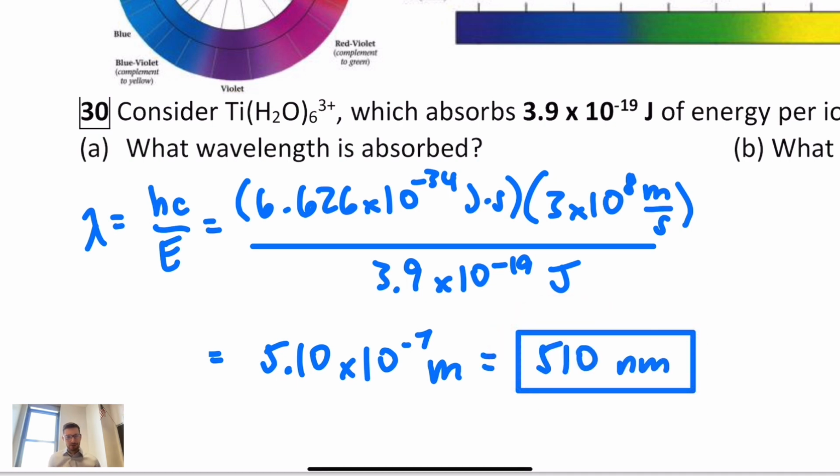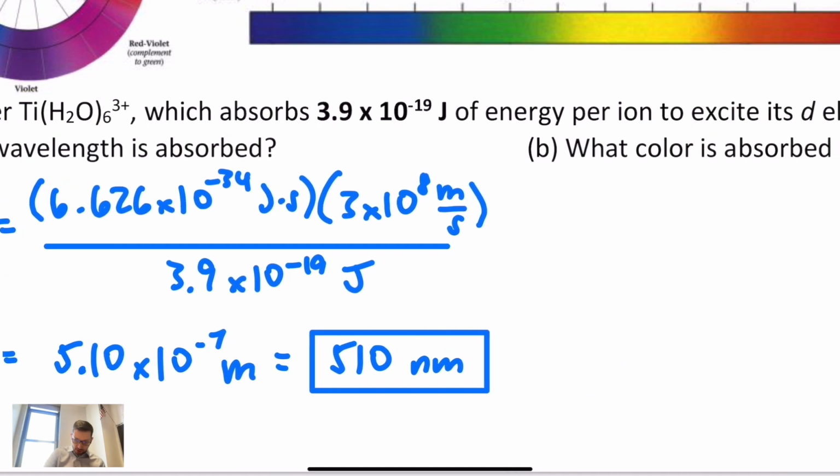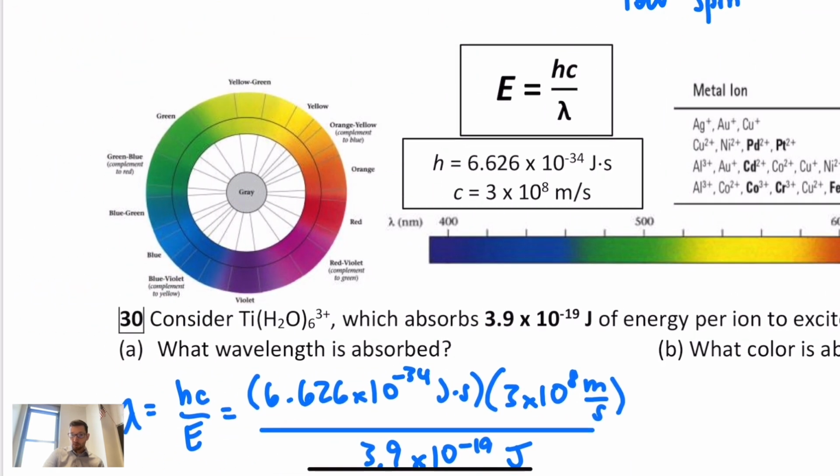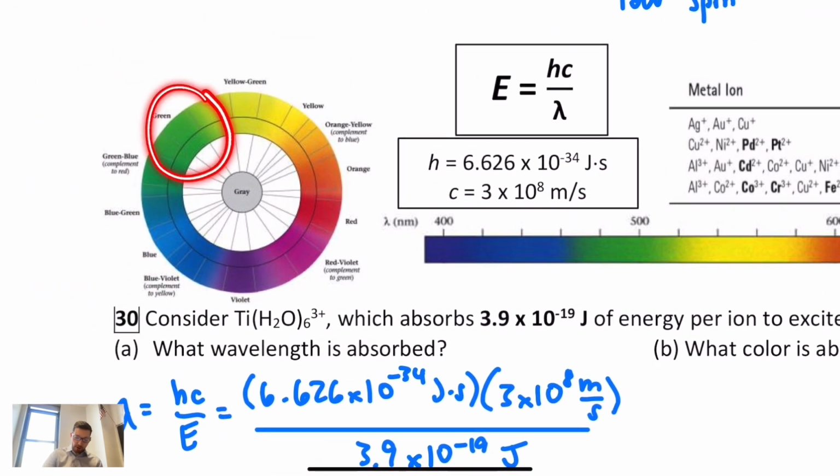So what does that have to do with color? Well, 510 in the visible range shows up around there, in between green and yellow, closer to green. So if you use what's called a color wheel, you can look at what light gets absorbed and correlate that with what complementary color gets observed. The color we see is the complement to what gets absorbed.